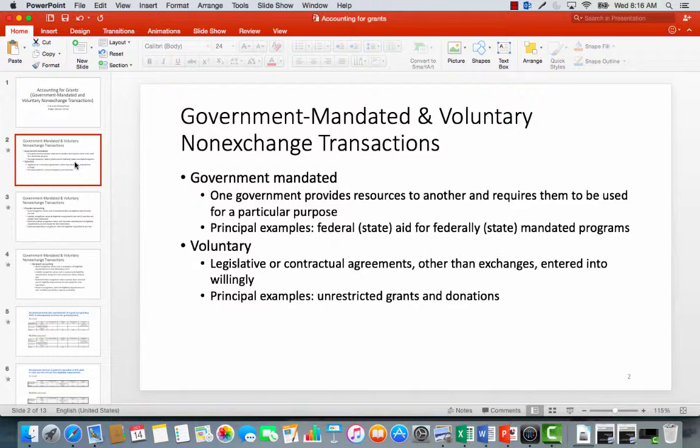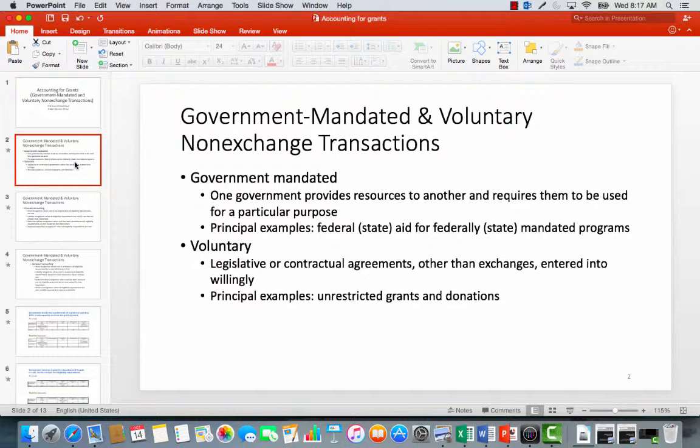If it's a city or a town, they might be getting some aid from a county government. Or it could be a grant that's coming from a not-for-profit organization, but mostly it's coming from other levels of government.